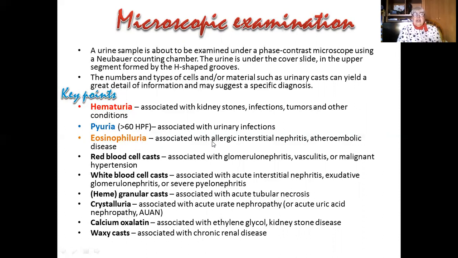Eosinophiluria is associated with allergic interstitial nephritis. And when casts appear, red blood cell casts, white blood cell casts, then granular casts or maybe waxy casts are associated with severe damage of the tubular system of the kidney.